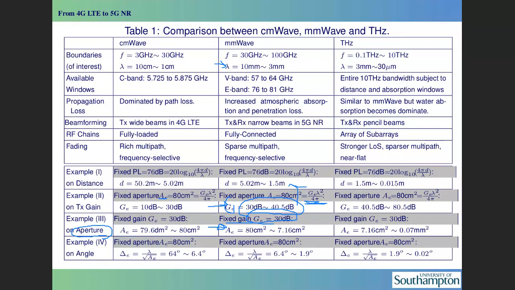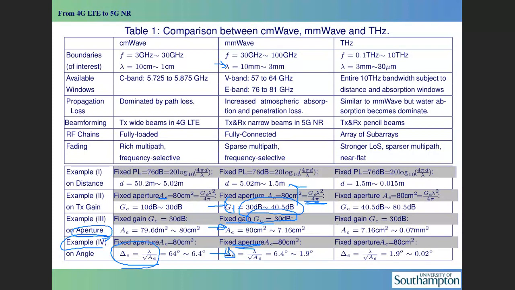The last example is called angular resolution. It follows this equation. If I fix the antenna aperture, so when we manufacture an antenna and say we need just this fixed area of antenna, then as the wavelength decreases in millimeter wave, the angular resolution would decrease.